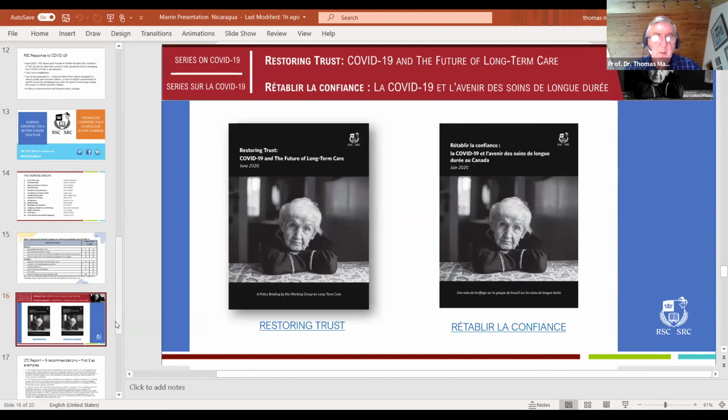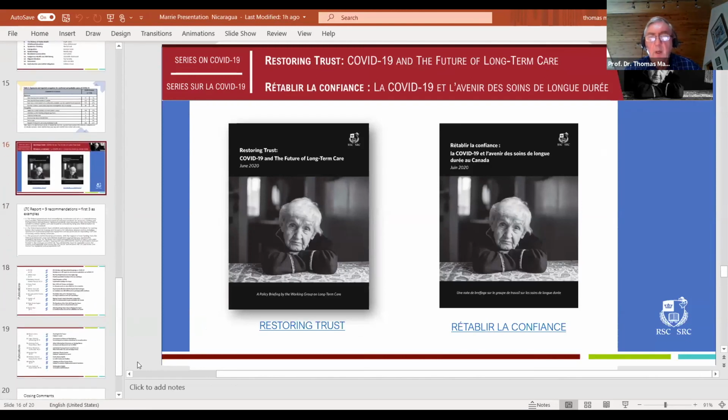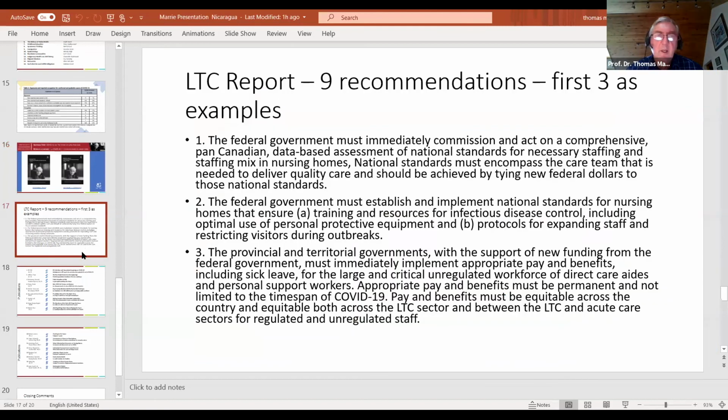This is the cover page of the long-term care report, and I do hope you will have a chance to download that and have a look at it. We have 9 recommendations regarding long-term care, and I won't go through those, but as you're thinking about recommendations, a large number of recommendations often defeats the purpose.